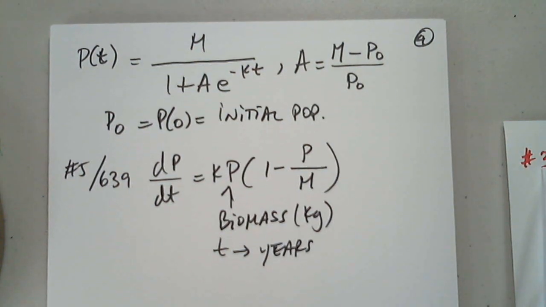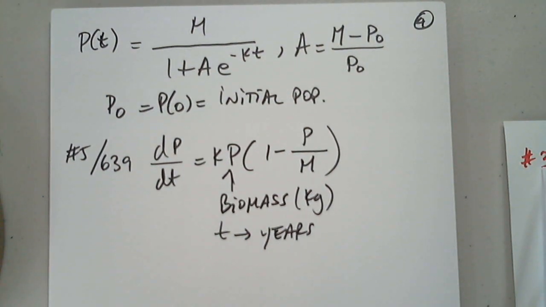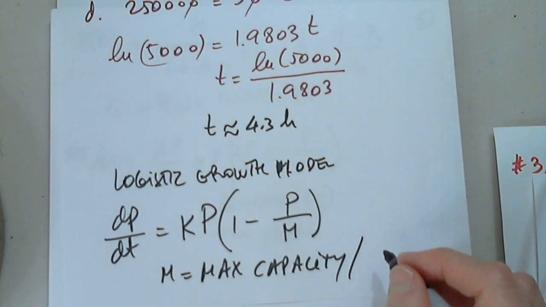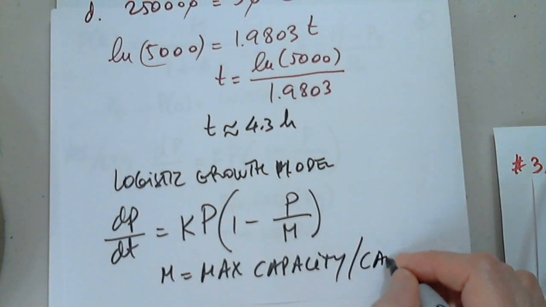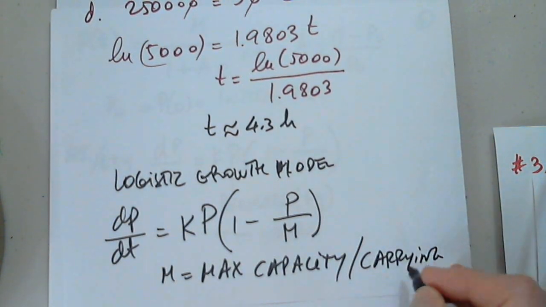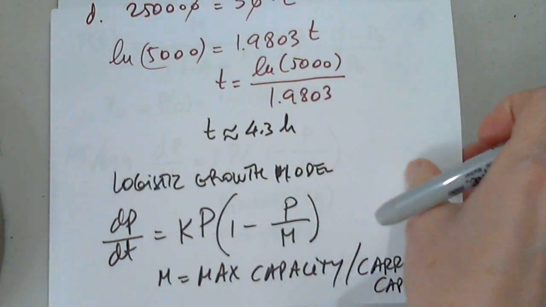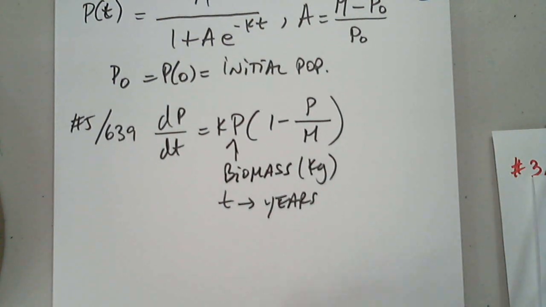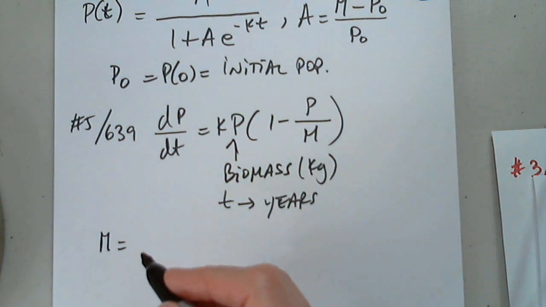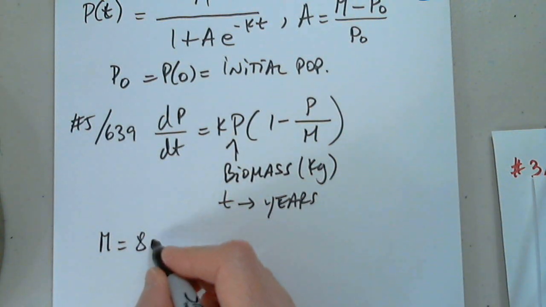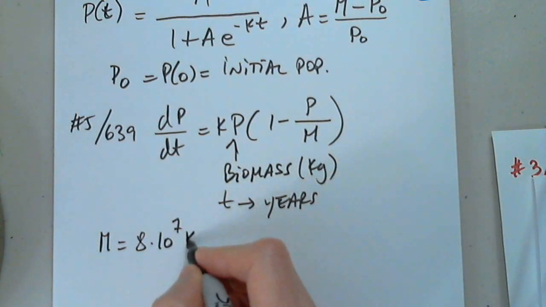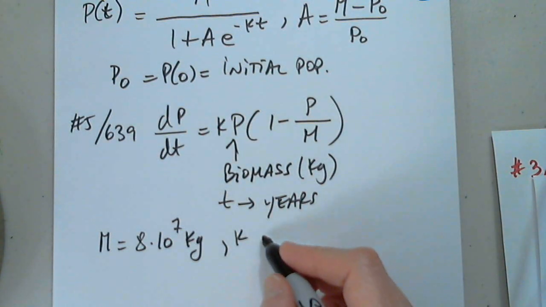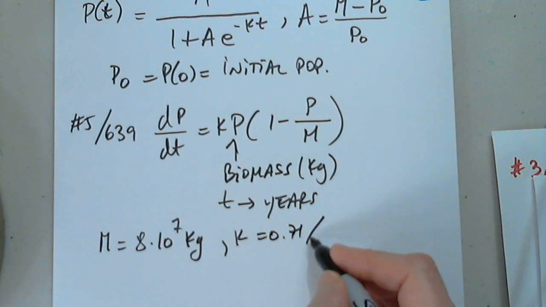The carrying capacity, or maximum capacity, is given as uppercase M, 8 times 10 to the 7th kilograms. We are also given the constant, which is 0.71 per year.